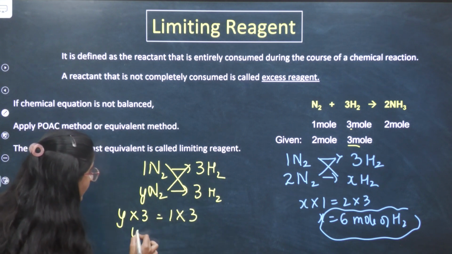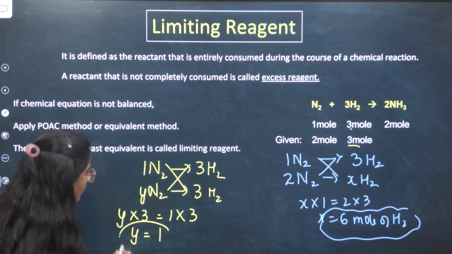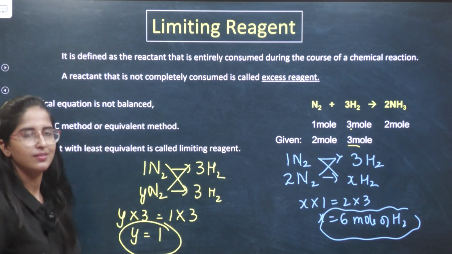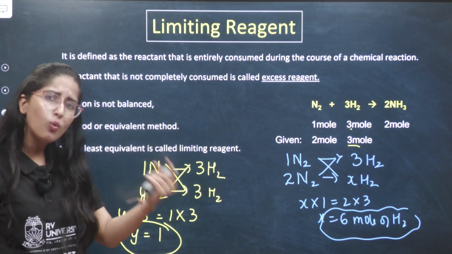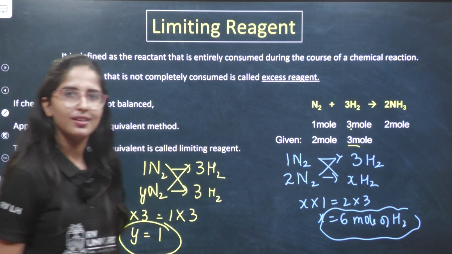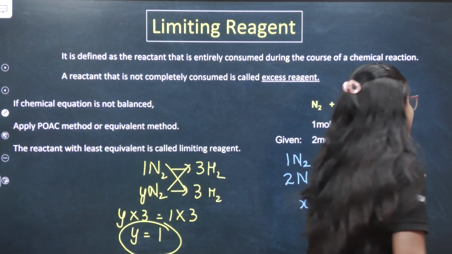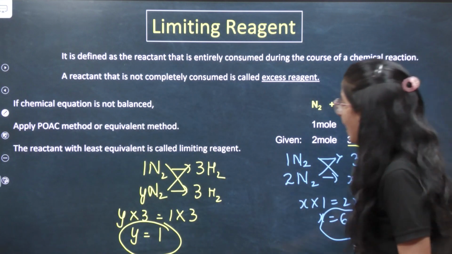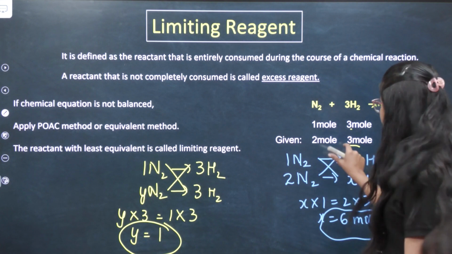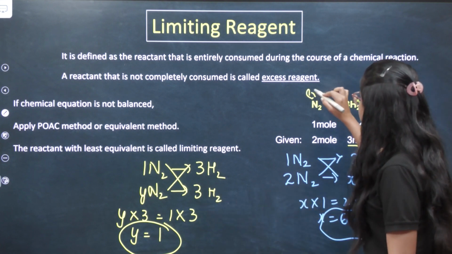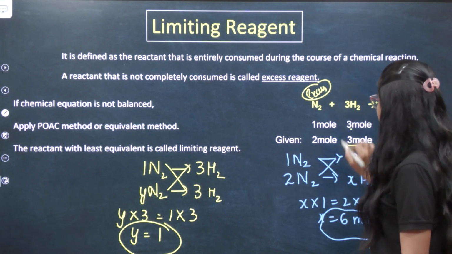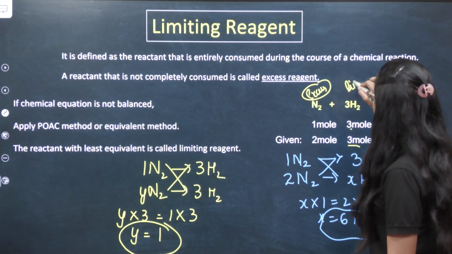So therefore y is equal to 1. Understood? 3 moles of hydrogen will require only 1 mole of nitrogen. So which is in excess now? 1 mole is only utilized. 2 moles are present. We require only 1 mole. So this is in excess, and the one which is less is your limiting reagent.